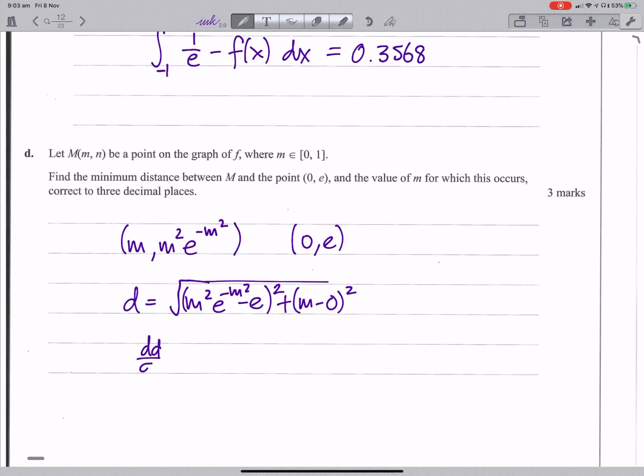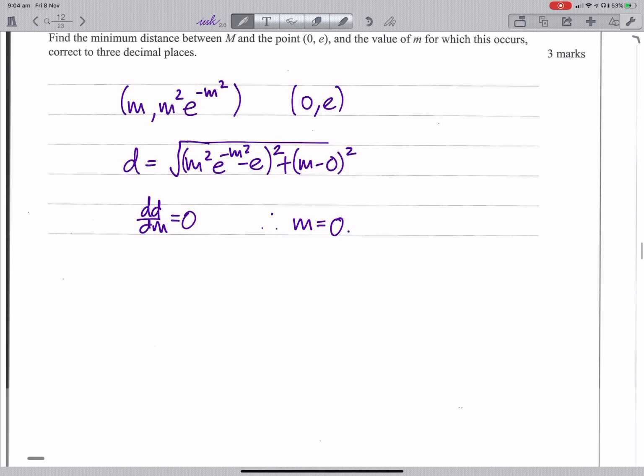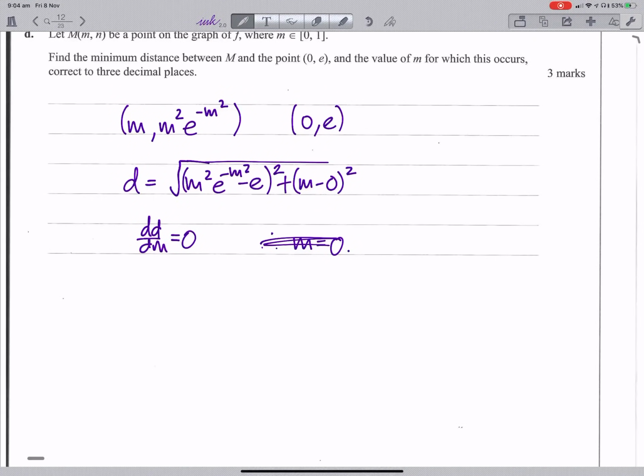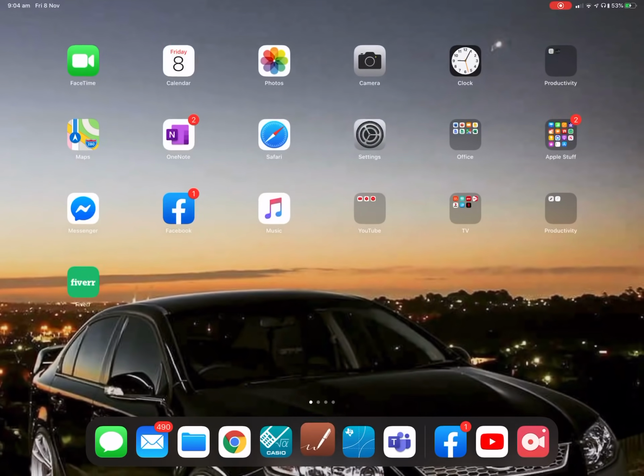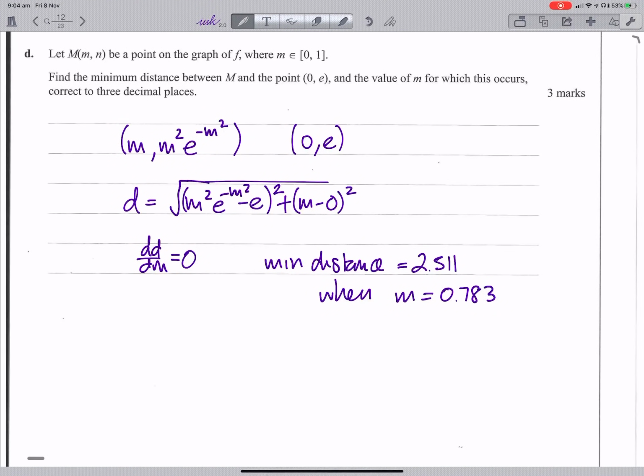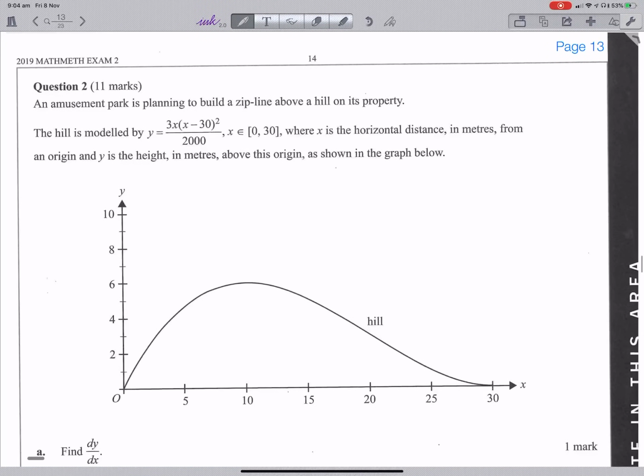So dd dx m equals 0. Therefore, m equals 0.783. So d equals 2.511. Min distance equals 2.511 when m equals, was it 0.783? Three decimal places. Oh, nice. Next question. 3x, x minus 30 squared on 2000.